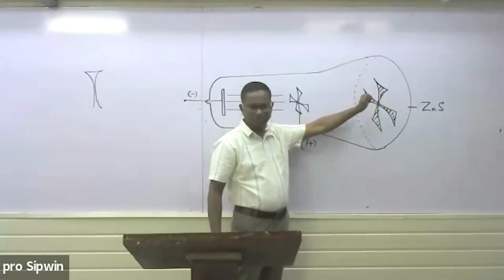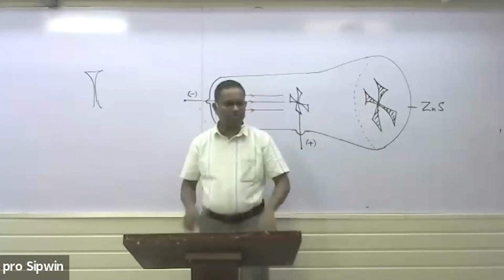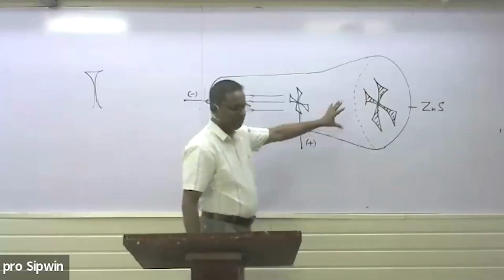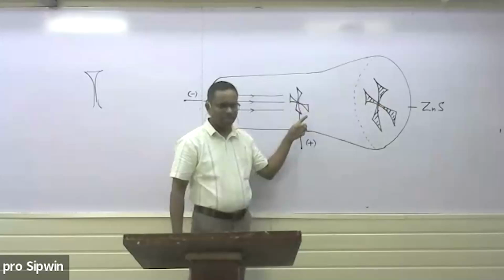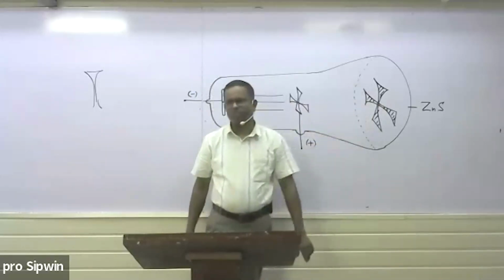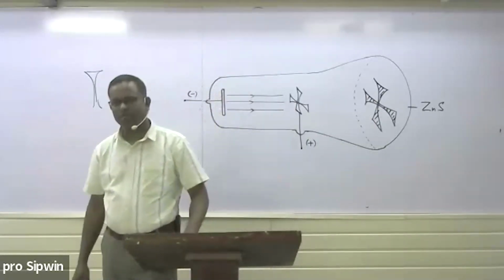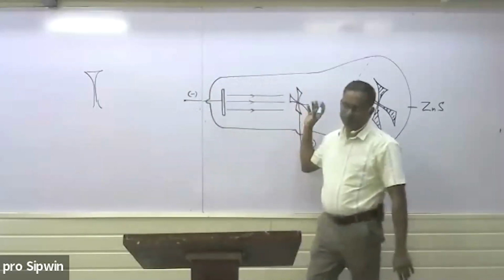The reason is the path of the cathode rays changes, so the shadow changes here. Because they move in straight lines, we can have a shadow with sharp margins and edges. So sharp margins and edges confirm they are moving in straight lines.